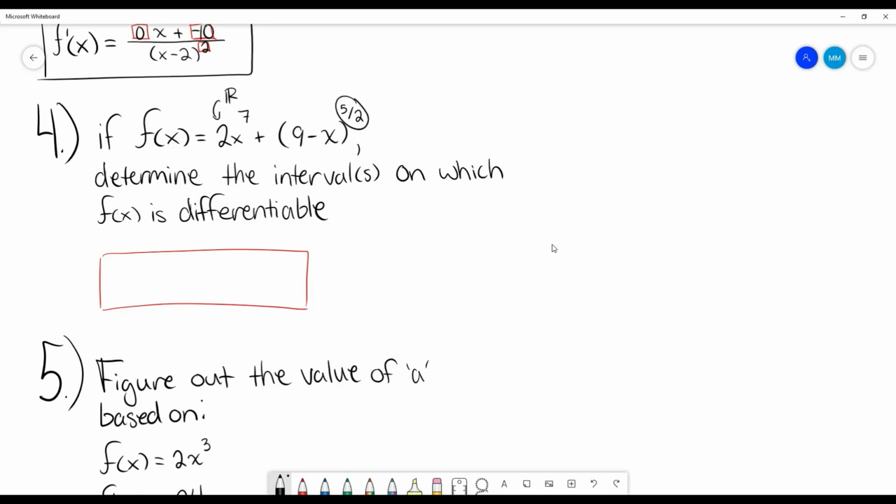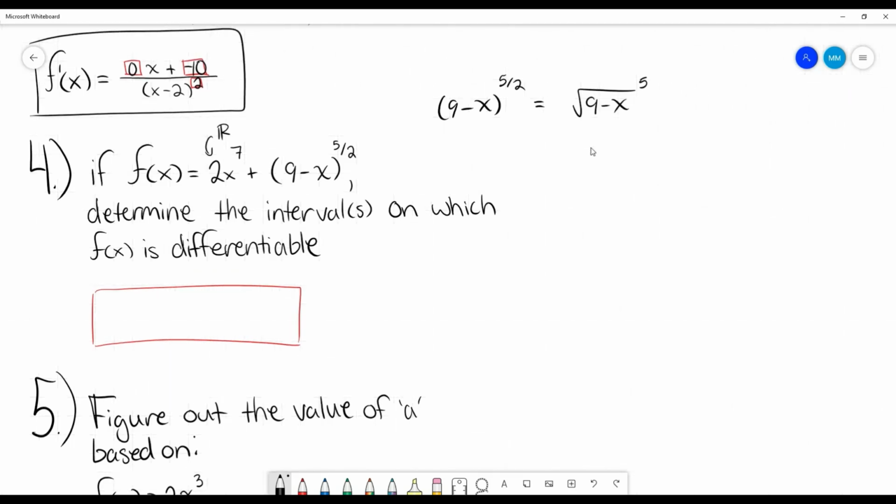but then it's plus this right here. And remember, by our exponent rules, what we see here is that this 9 minus x to the 5/2, that's the same as the square root of 9 minus x to the 5th, right? Because we've got that 5th power and then we've got it over that half. So that's the same there, which means that in order to figure out which intervals f of x is differentiable, I need to figure out which numbers are inside and outside of my domain.